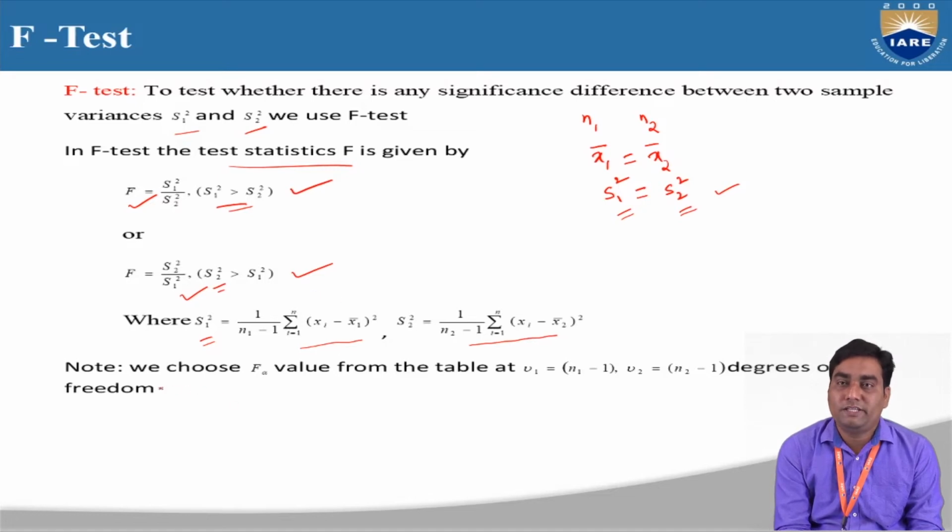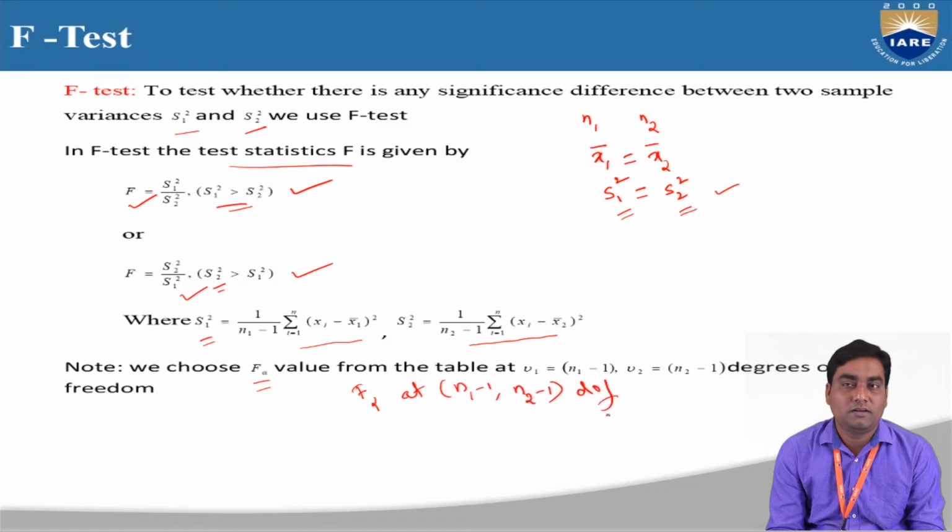Now we choose the F alpha tabulated value. Like the t distribution table, we have an F distribution table also, at n1 minus 1 comma n2 minus 1 degrees of freedom.